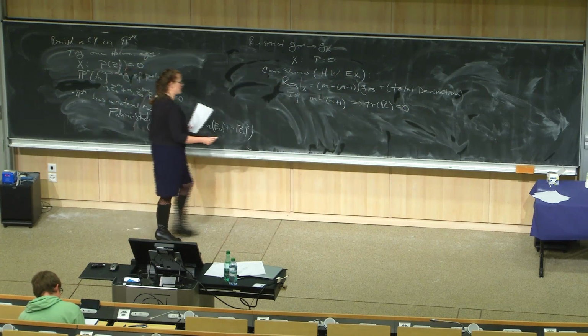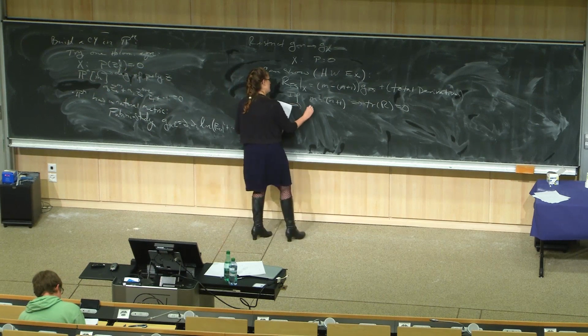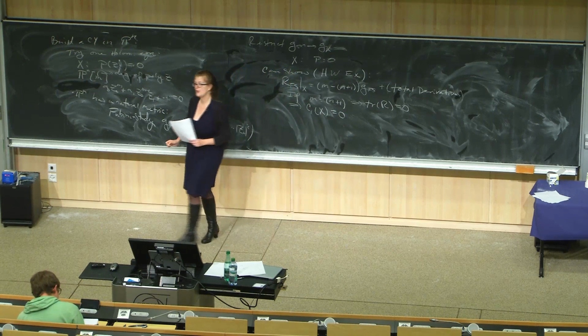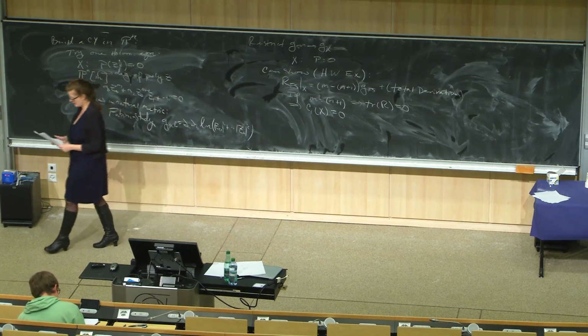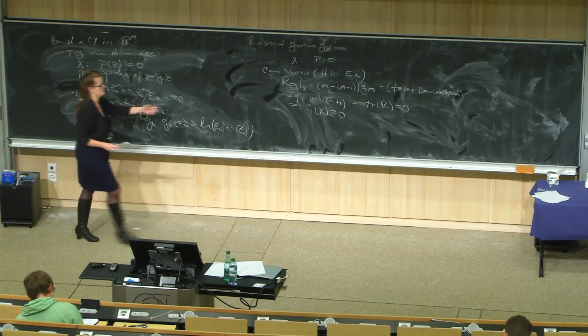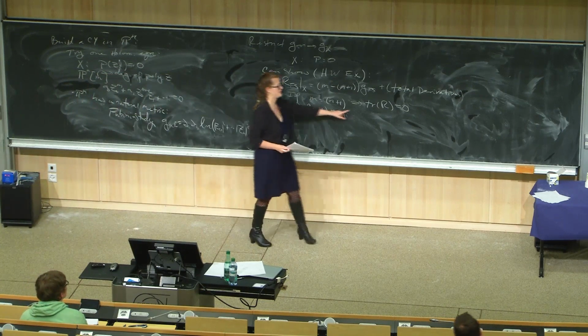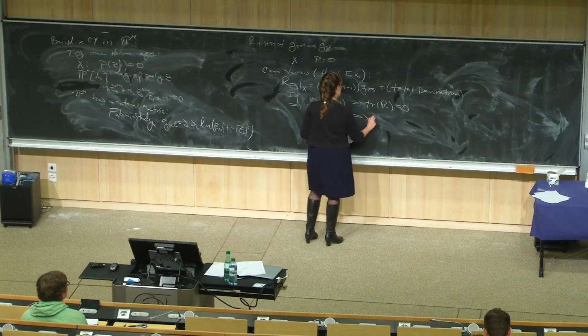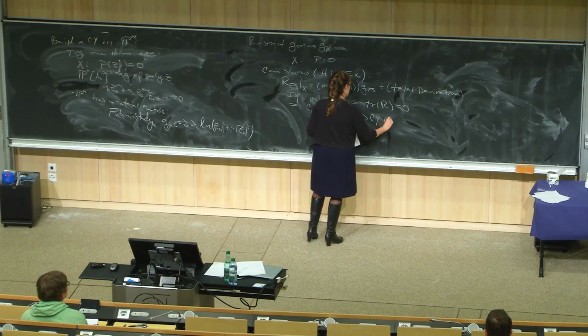And this is equivalent to the statement that C1 of x is 0. And if you recall from James's lecture, the condition that you have Kähler and vanishing first Chern class, i.e. vanishing trace of curvature, is equivalent to the statement that you have a Calabi-Yau manifold.